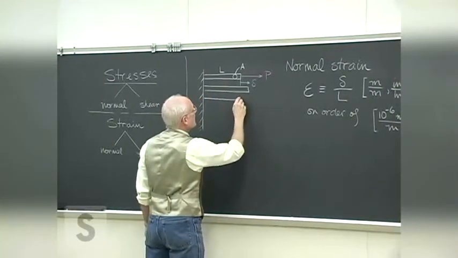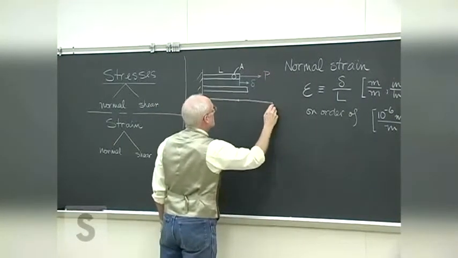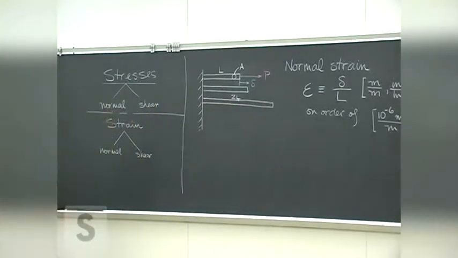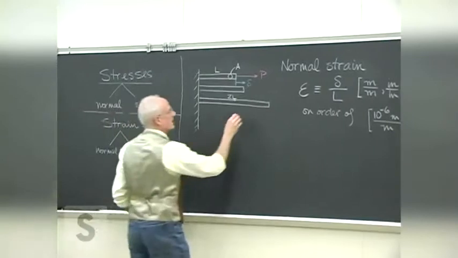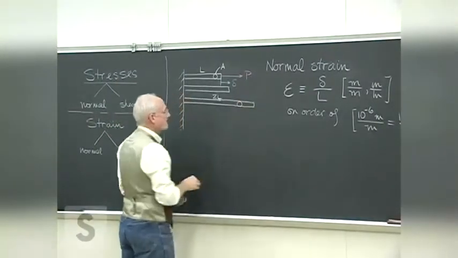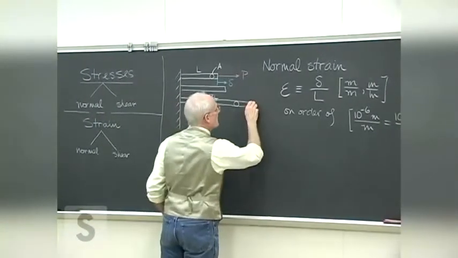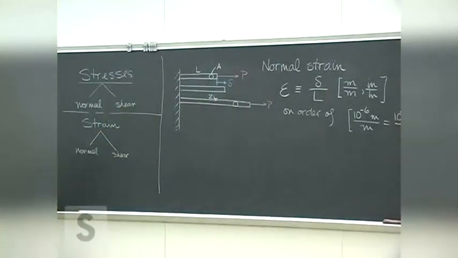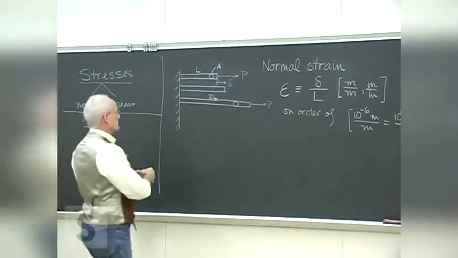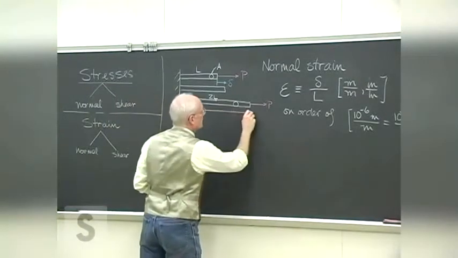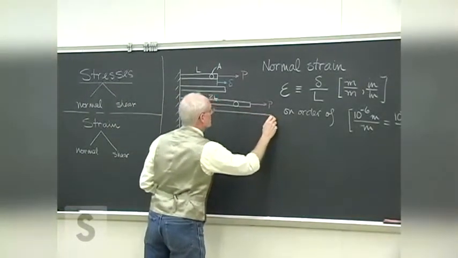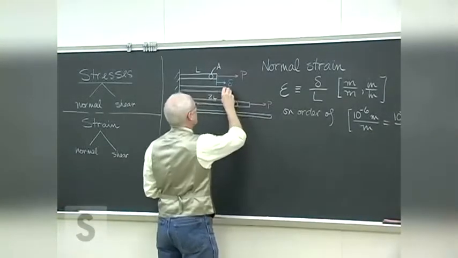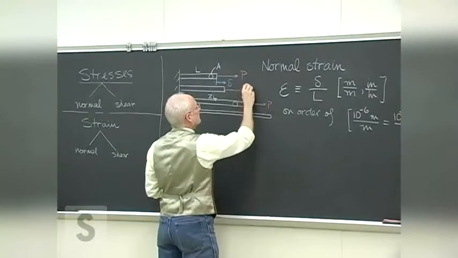It's also true that if we have a solid that's twice as long with the same area and the same original load, that the deformation will be twice what it was in the first one I showed. By the way, let's put the load on there.